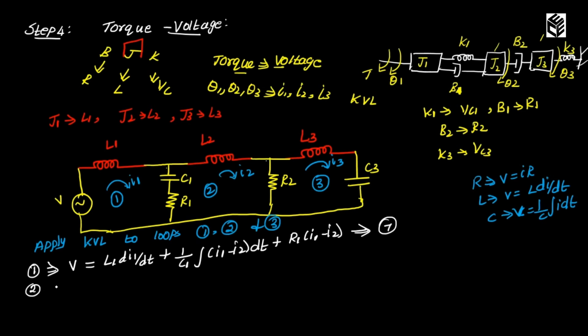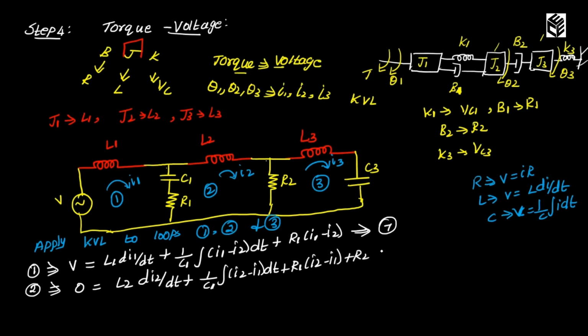And for loop 2, my formula is 0 is equal to L2 into di2 by dt plus 1 by C1 into integral of I2 minus I1 into dt plus R1 into I2 minus I1 plus R2 into I2 minus I3. I am going to take this as equation number 8.